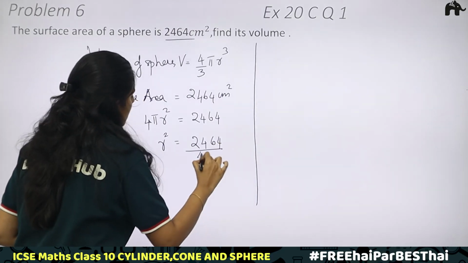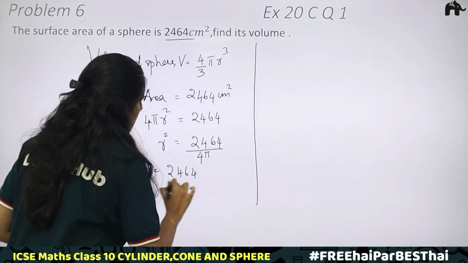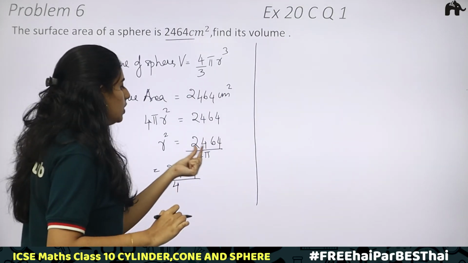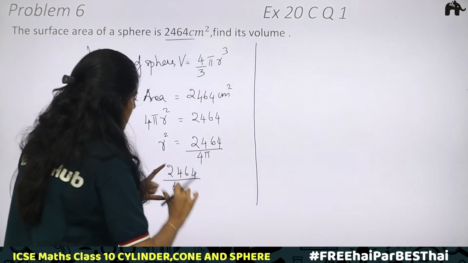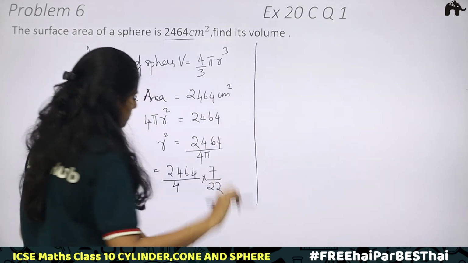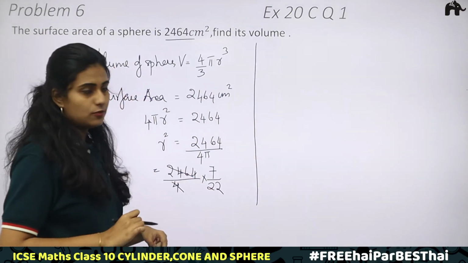Okay, r square will be equal to 2464 divided by 4 pi. That is 2464 divided by 4. Pi is 22 divided by 7. Taking the reciprocal and multiplying, we get 7 by 22. Now cancelling 4 and 2464 can be cancelled.